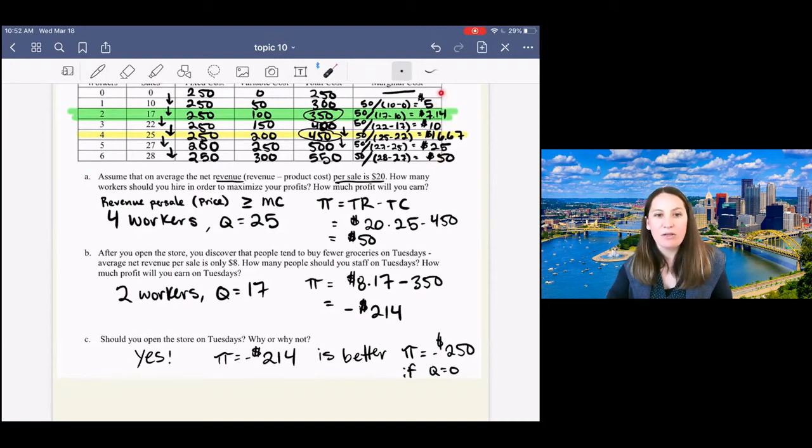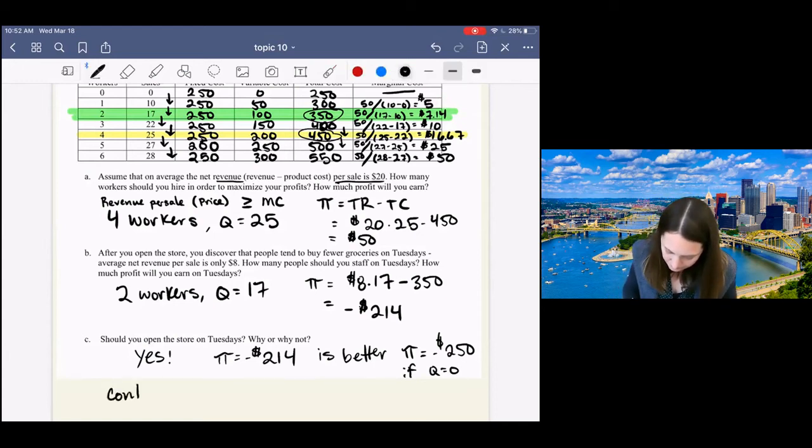If the price is below $5, if your revenue per sale is below $5, now it's not even worth it to hire the first worker. And you will just shut down in the short run.